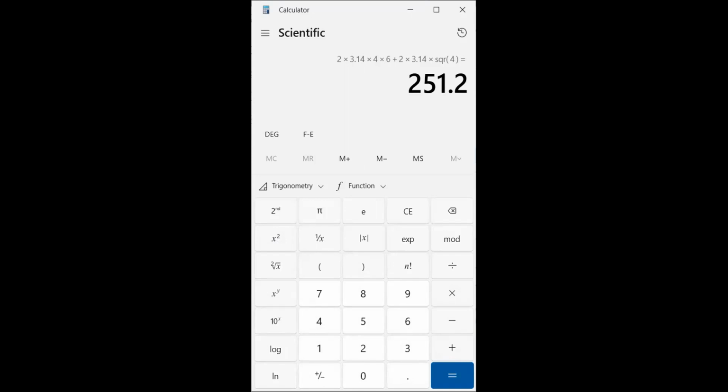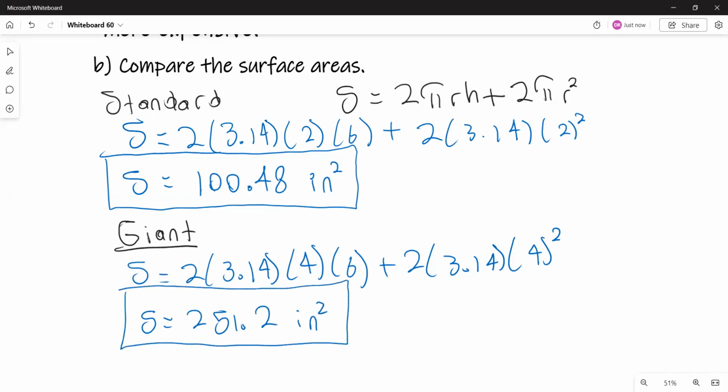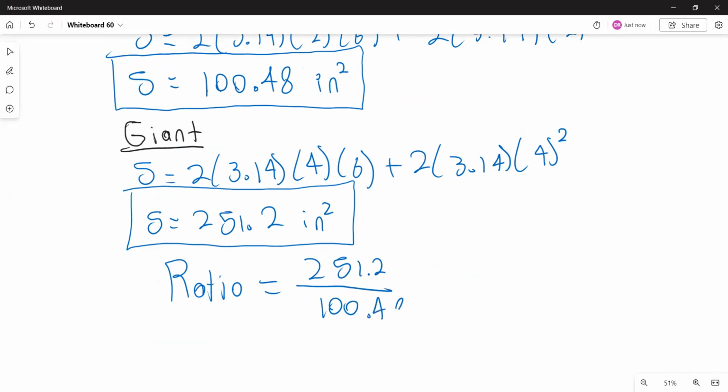So that's 251.2. So if we take the ratio, the ratio is going to be 251.2 over 100.48. And that's going to be 2.5.